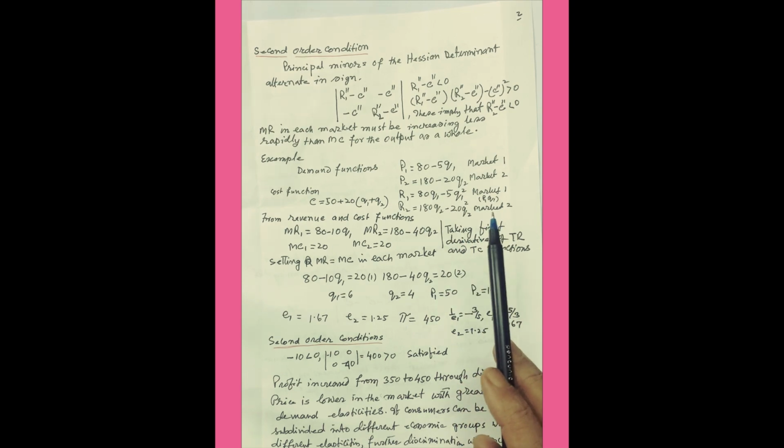This implies that R2 prime prime minus C2 prime prime must be negative, because negative into negative will be positive.